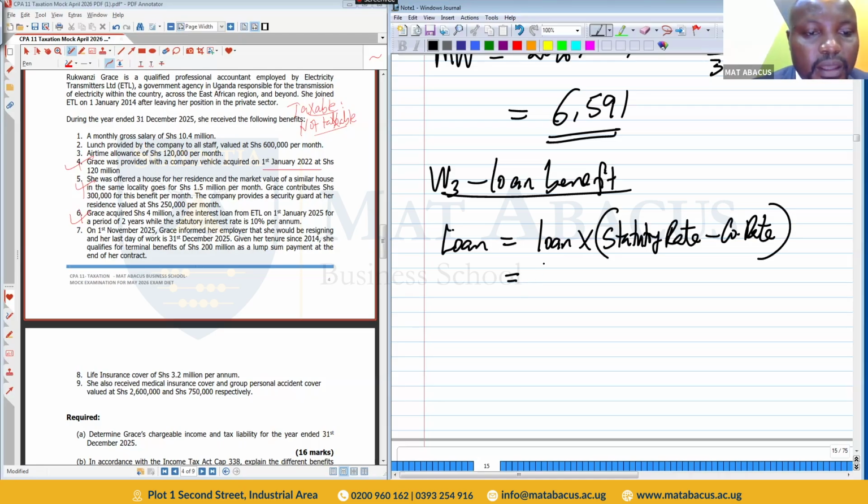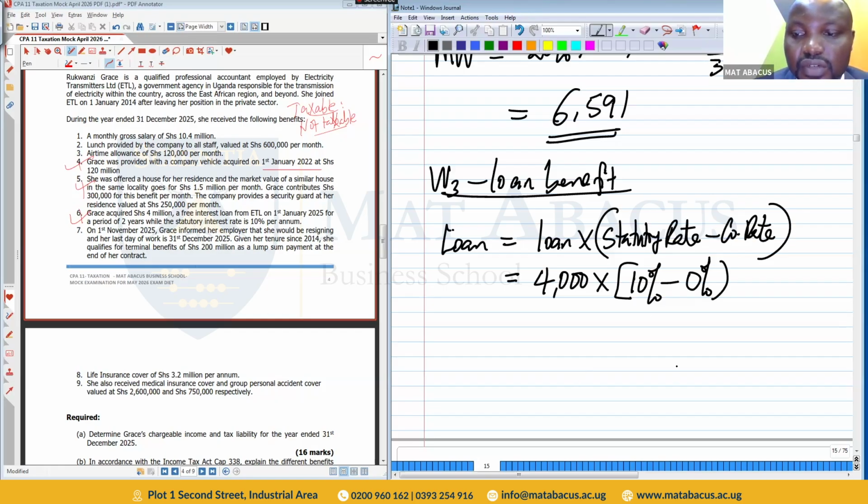So the loan that was provided to him is on note 6. He acquired 4 millions. So we multiply by statutory rate. They have told that the statutory rate is 10%. But the company gave him a loan only at 0%, because they gave him a free interest loan, which is 0%.